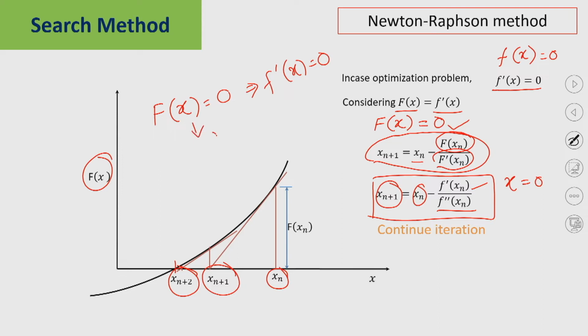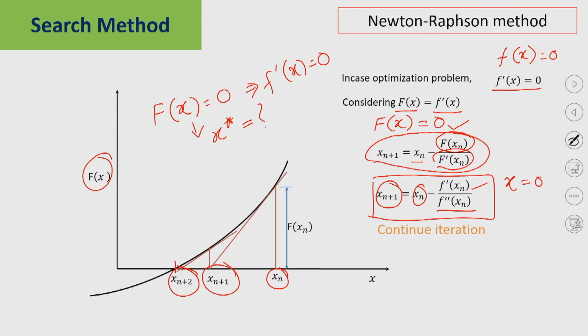Whatever solution you get will be the stationary point. So I can apply this Newton-Raphson method also for finding the optimal solution of a single variable function.